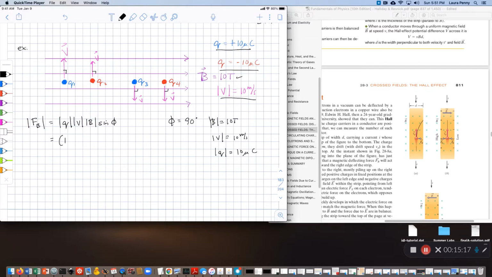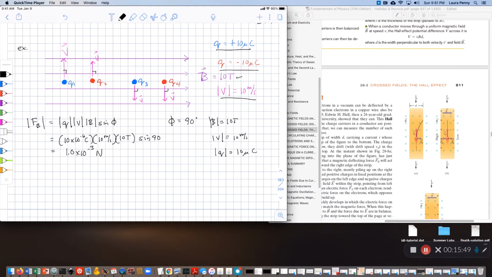It's going to be 10 times 10 to the negative 10 coulombs, 10 meters per second, 10 Teslas, and the sine of 90, which is 1. So when I do all this, I get 1.0 times 10 to the negative 3 Newtons.